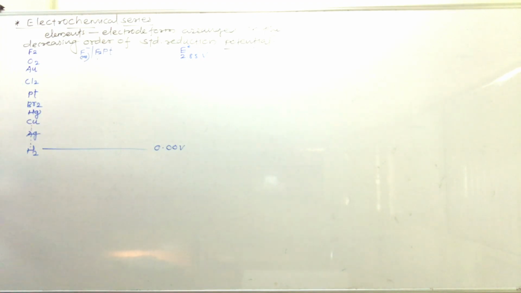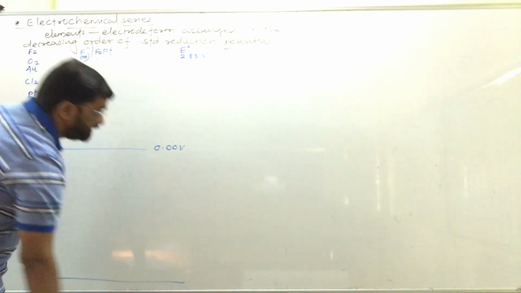Below hydrogen there is lead, then antimony, then nickel, then cobalt, cadmium, also iron, Fe, chromium, then zinc, aluminium, magnesium, sodium, then calcium, potassium and lithium.